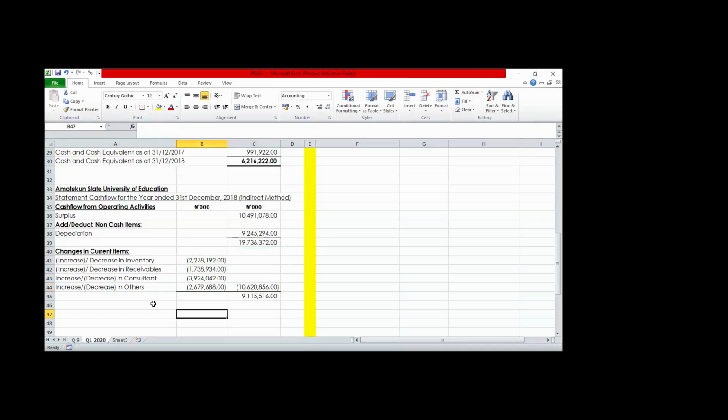Now, this is referred to as net cash flow from operating activities.